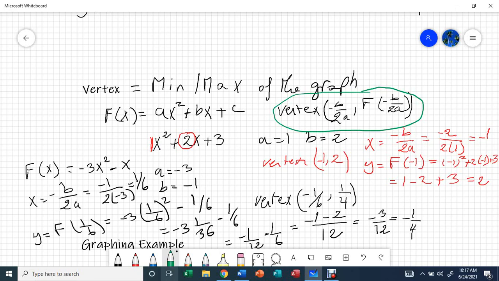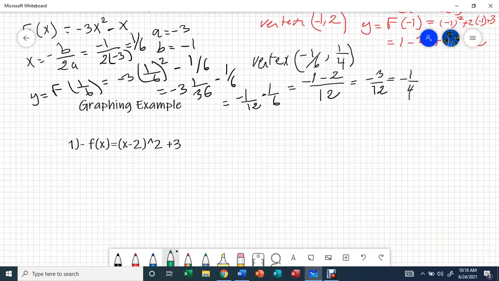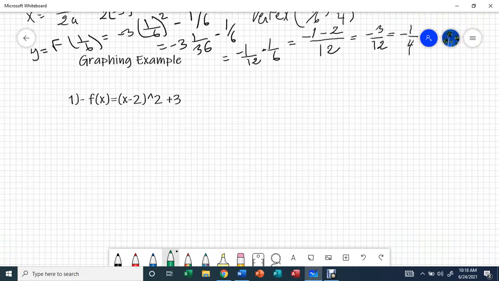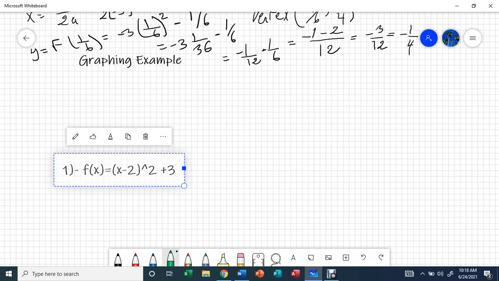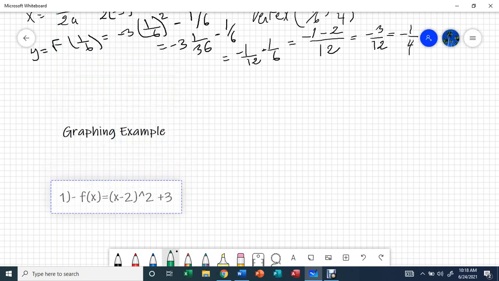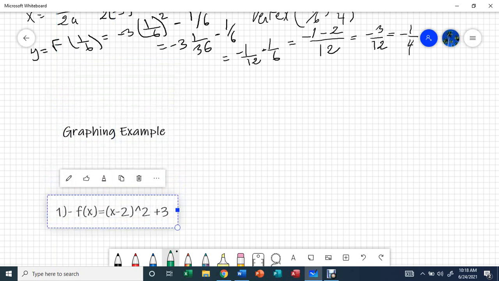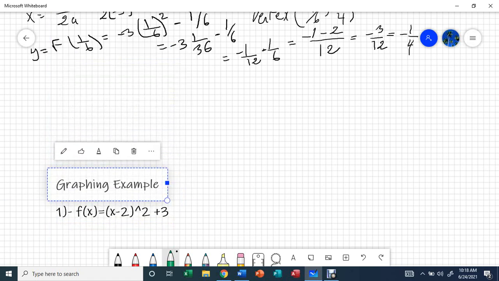So there is another way to find the vertex. Let's move this example a little bit, I just need more room here to show you the other formula, which is called the standard form.